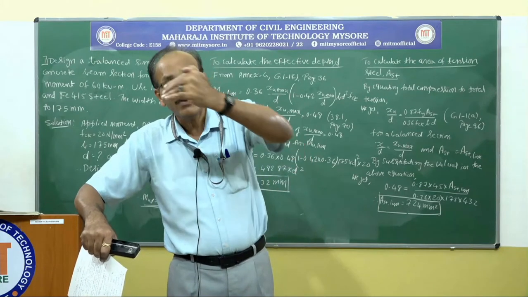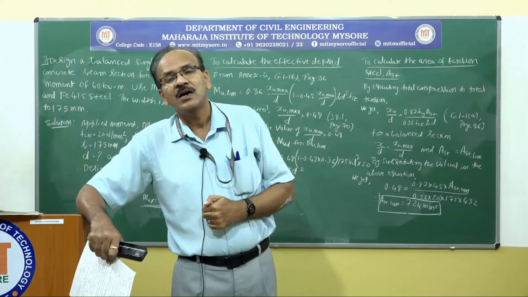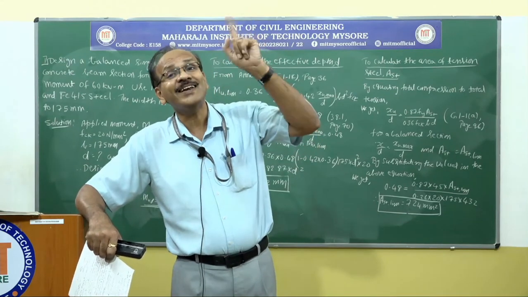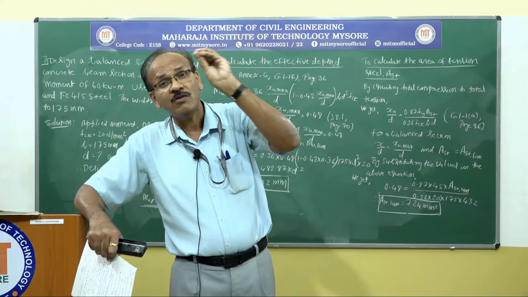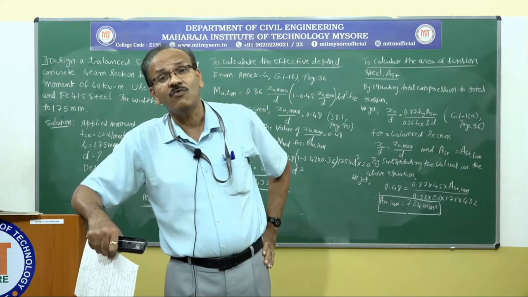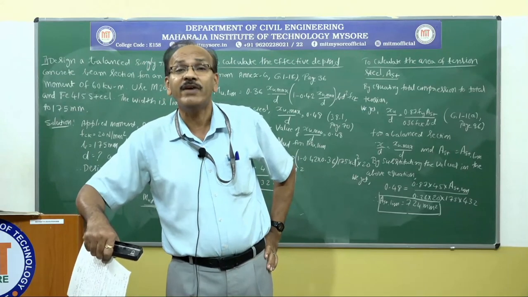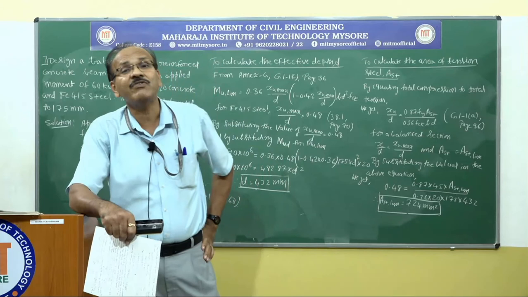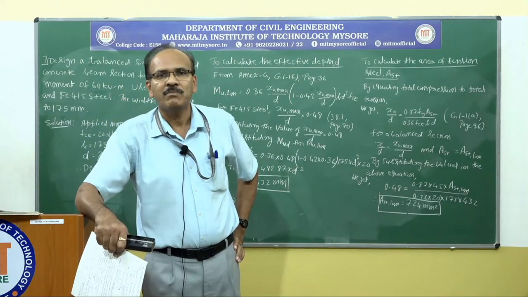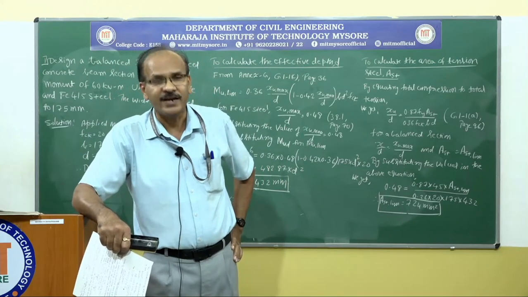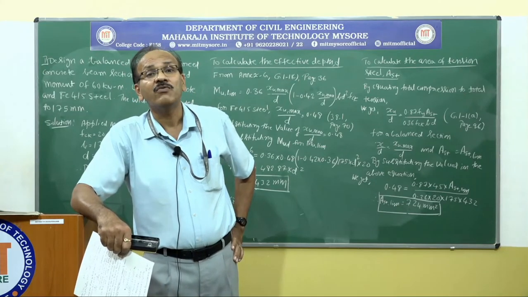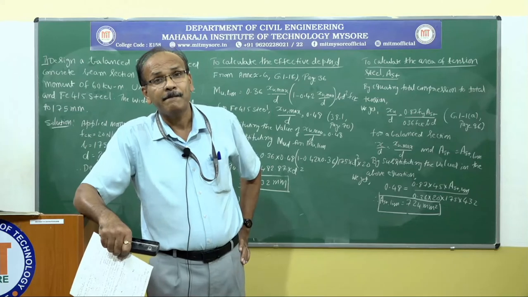The strain value will be within its yield strain value. But concrete reaches its value of 0.0035. Once it reaches, the concrete fails first. When the concrete fails first, it does not give enough warning. The failure is going to be sudden. It fails without giving any warning.